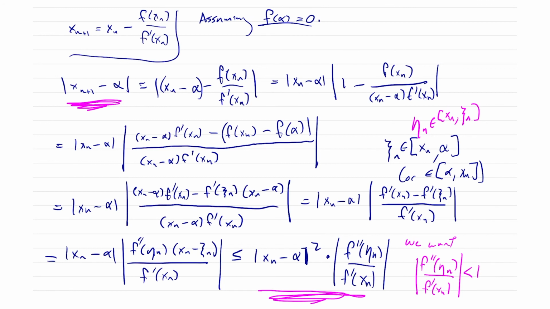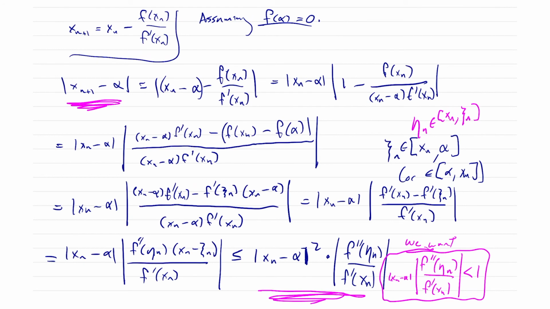And maybe we could even include xn minus alpha here and make all that less than 1, and then we still have an xn minus alpha left over. And so then we can show that each iteration, this chunk that we're looking at is making everything smaller. But we can't generally expect the second derivative to always be smaller than f prime in magnitude. And so this isn't always going to end up working. And we saw, and we're going to see later, another example where we're going to end up having a cycle.